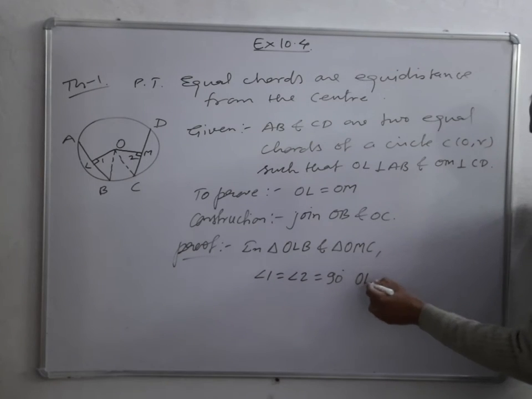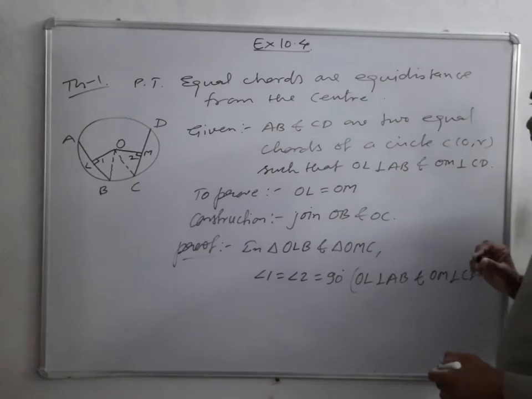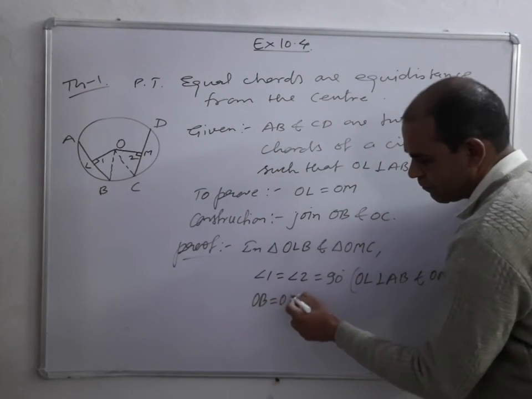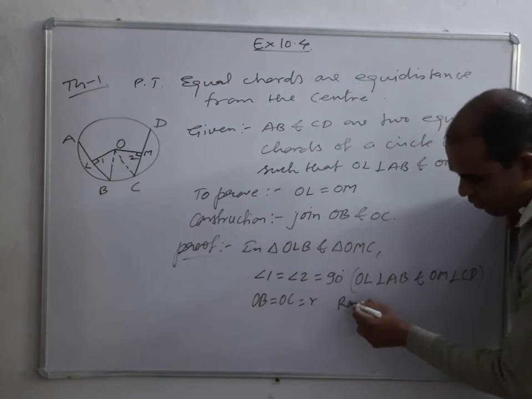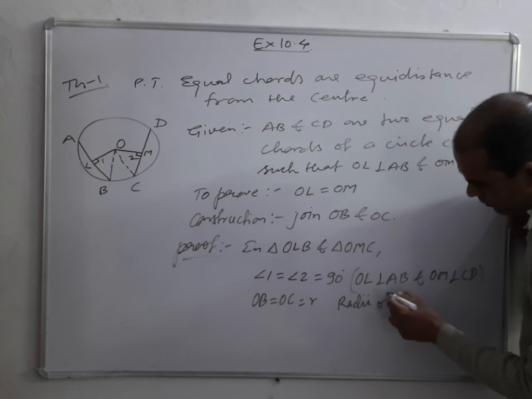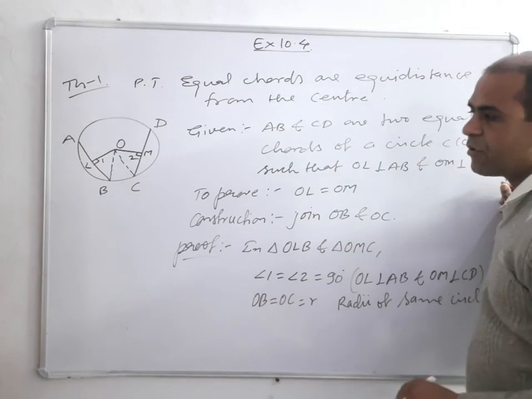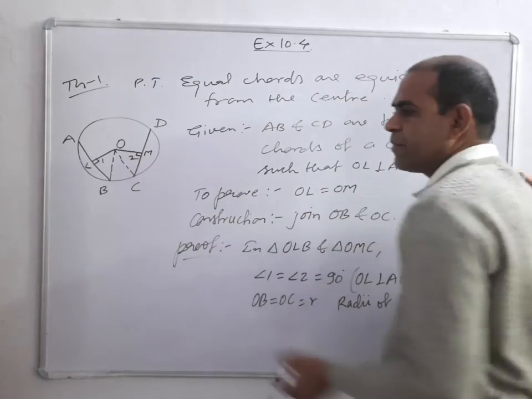Its reason, OL perpendicular to AB and OM perpendicular to CD. OB equal to OC, the radii of the same circle. Right angle, hypotenuse, and side. Here the side is BL equal to CM.